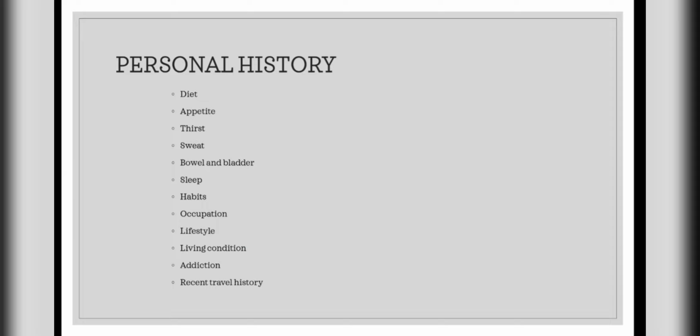I will explain. In personal history, you can write diet, whether they are vegetarian or non-vegetarian, or they are taking a mixed diet. In appetite, you can write as good or moderate or poor. In thirst, ask about how much water they are drinking, whether they have an increased thirst or decreased thirst.